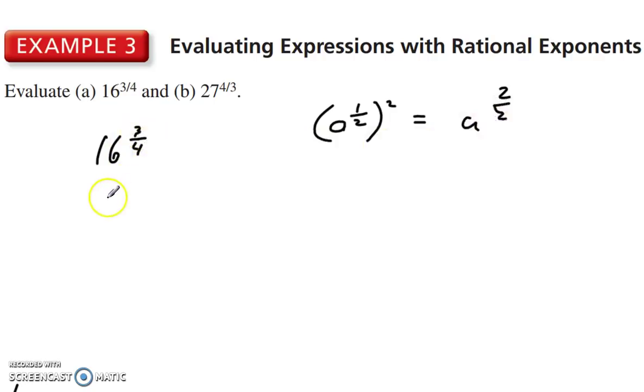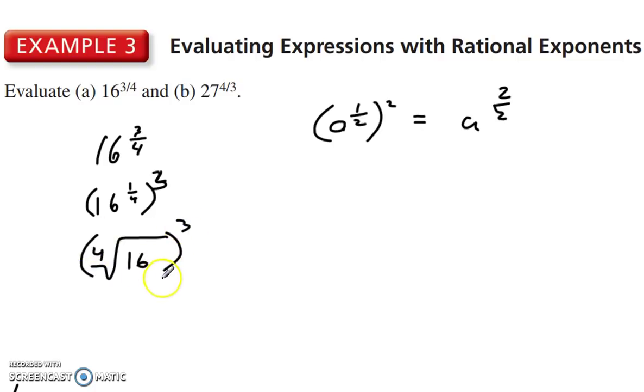So that means I could take the fourth root of 16 and take the 3 out right there. So inside there I have the fourth root of 16 to the third power. The fourth root is 2. To the third power is 8.